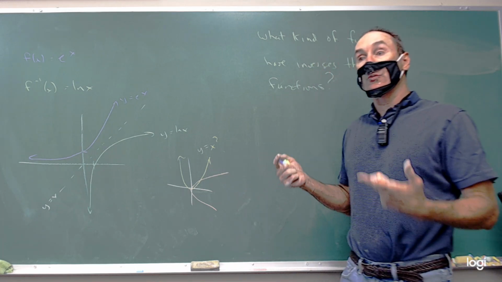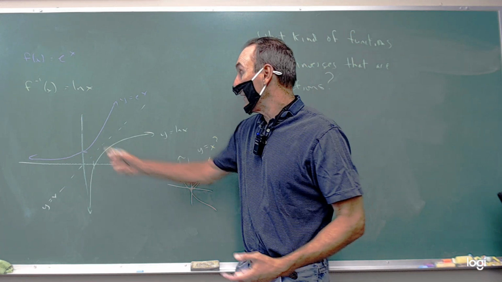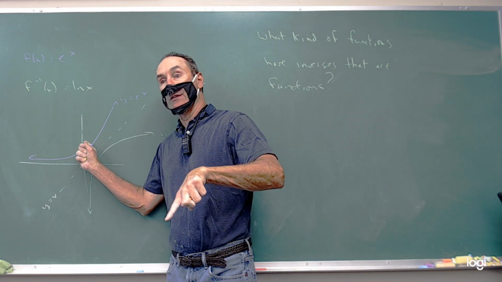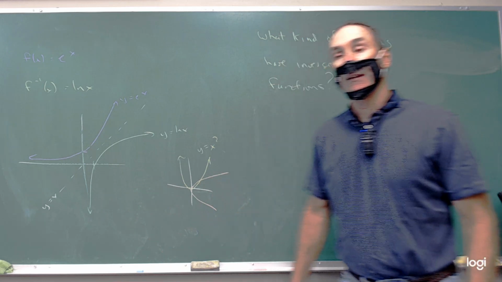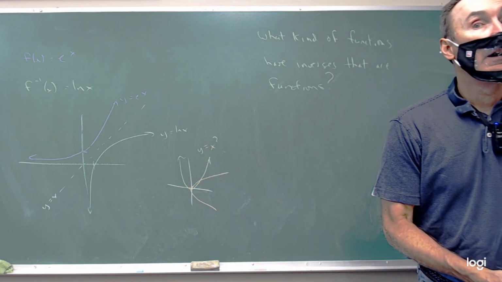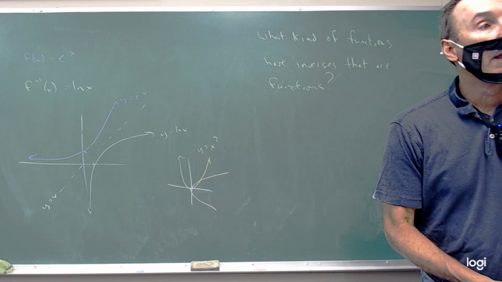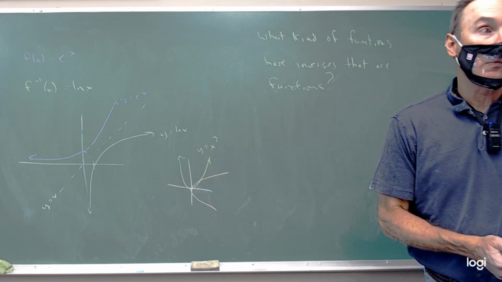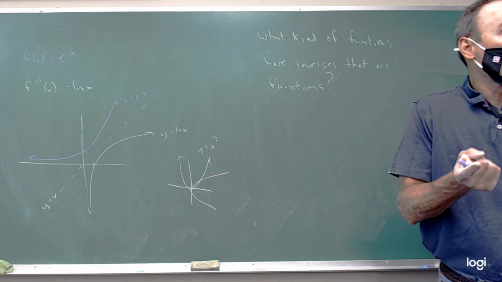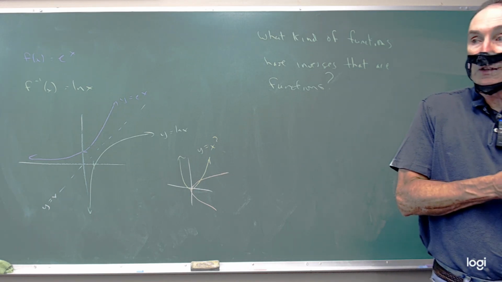What characteristic or quality does the function have to have in order to guarantee that its inverse is a function? Okay, true. And so what's the name of a function? Well, every function has an input that's only got one output.